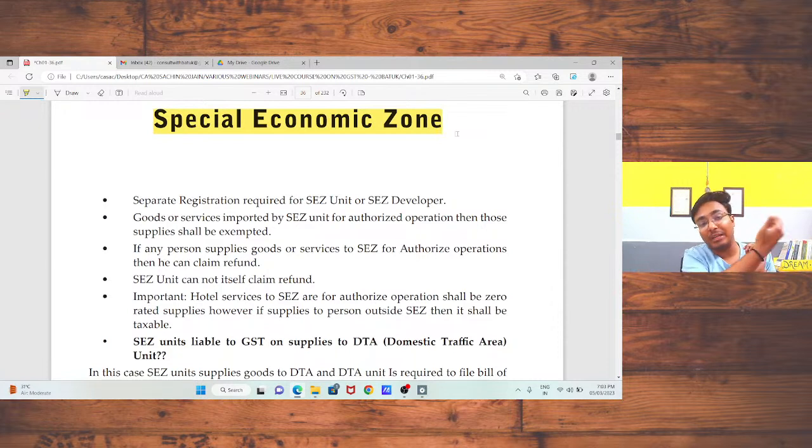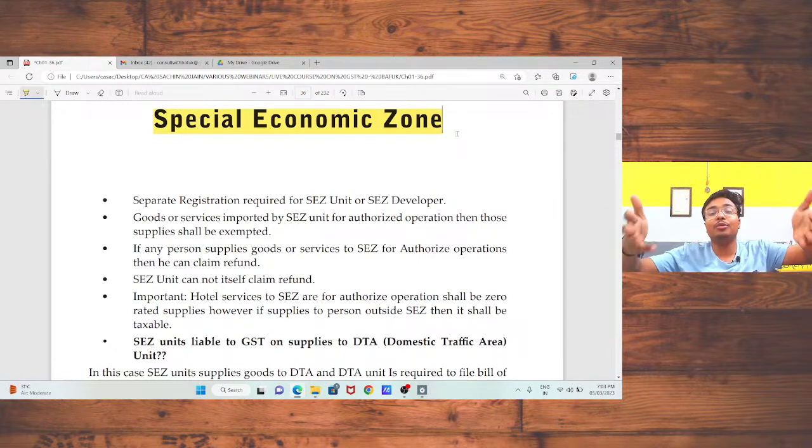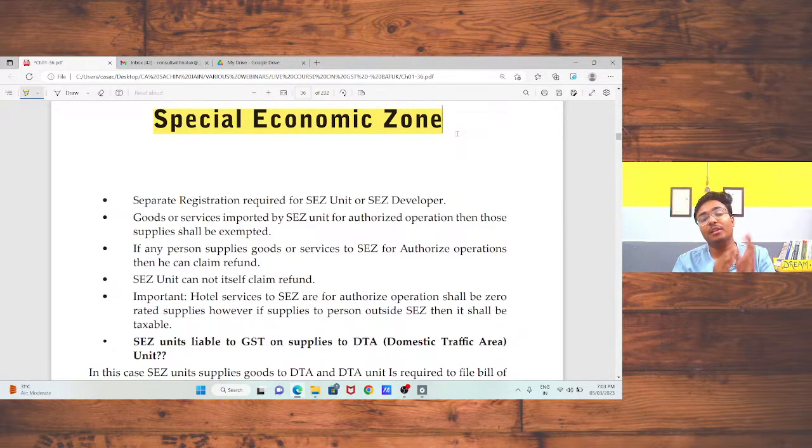But I have also purchased those goods or services from somewhere else, so there is an accumulation of input tax credit. So under GST, the government says if someone supplies goods or services to a special economic zone, the business will be eligible to take a refund of input tax credit.